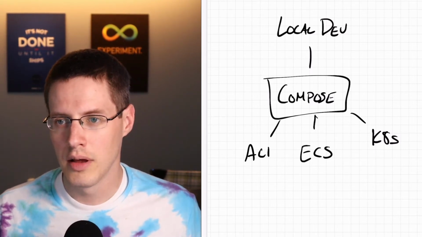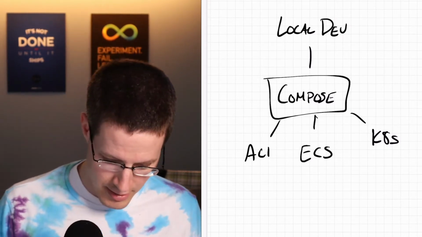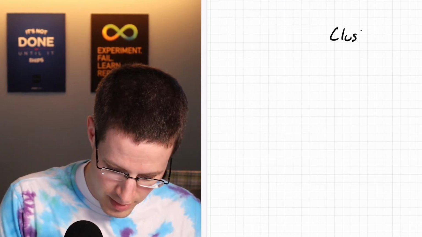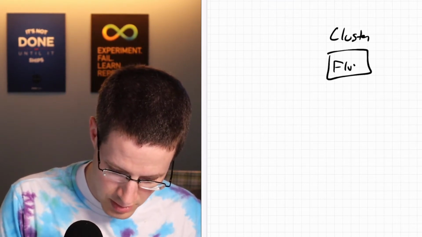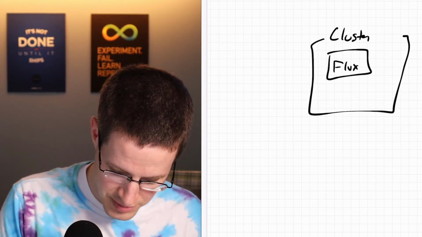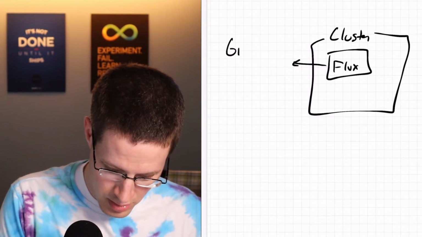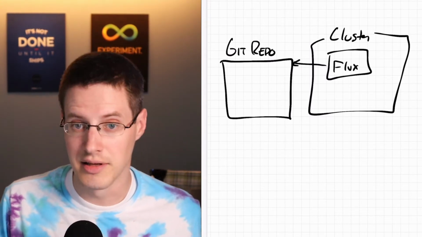In case you're not familiar with Flux, within our cluster there's Flux running. Let me draw a box around our entire cluster here. What it does is it watches a Git repo, and it applies any of the manifests that it sees in that repo.